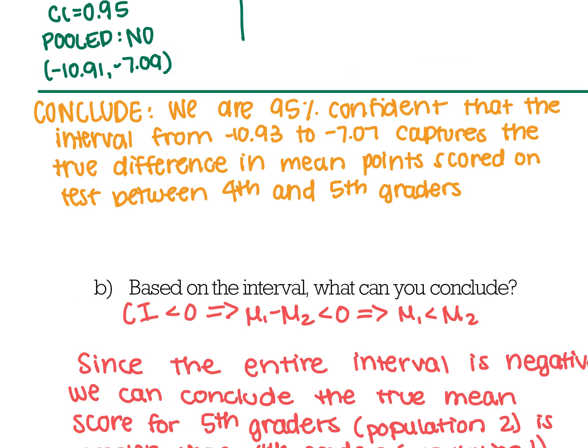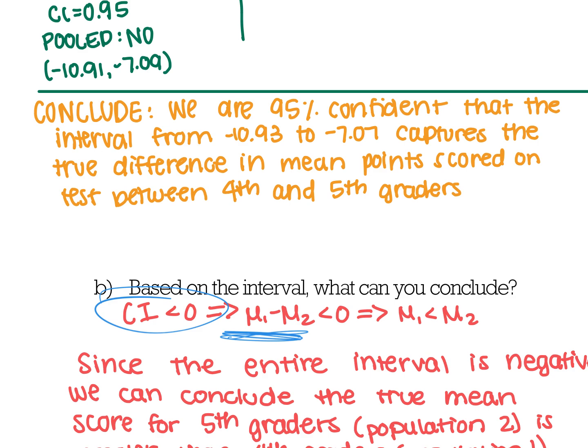Now, can we draw some extra conclusions from this? I noticed that both of these numbers are negative. So we are making this claim right here: the confidence interval is less than 0. Therefore, population 2 is greater than population 1.